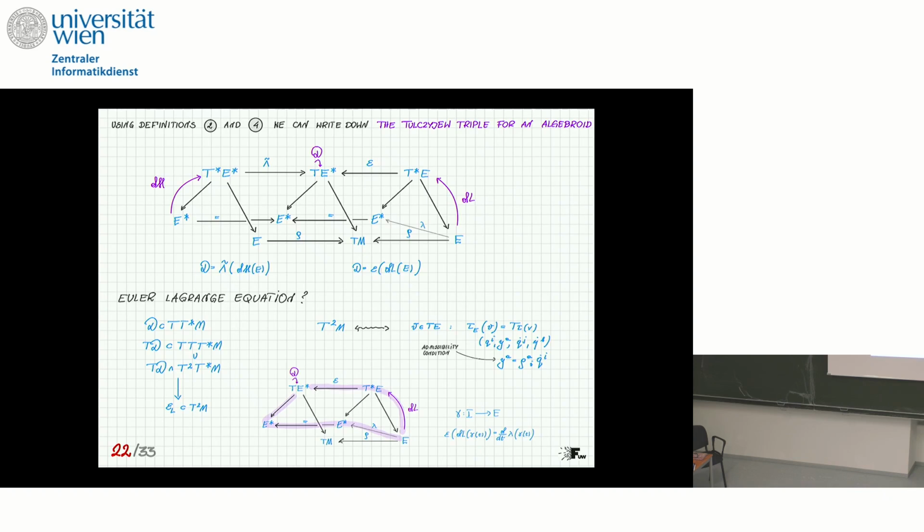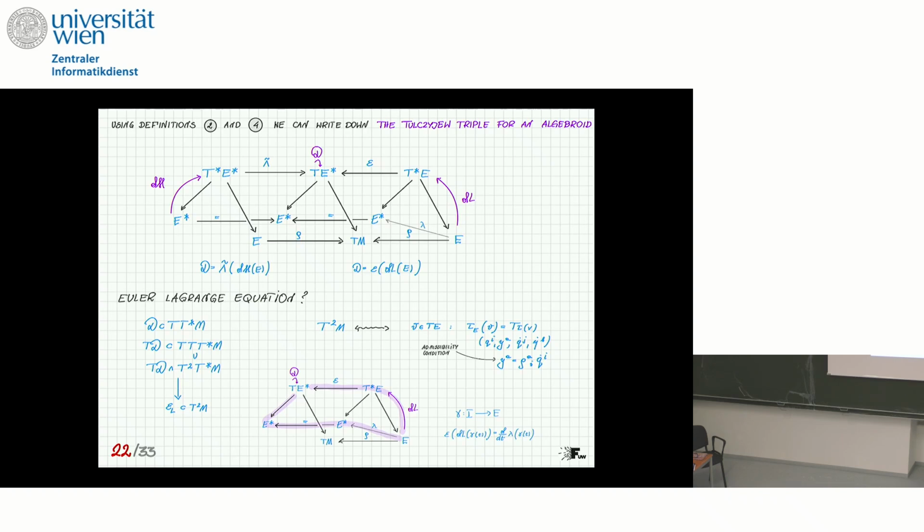That says that the time prolongation of the projection of the curve should agree with the curve up there. However, one of the possibilities of extracting the Euler-Lagrange equation does translate to the algebroid level.